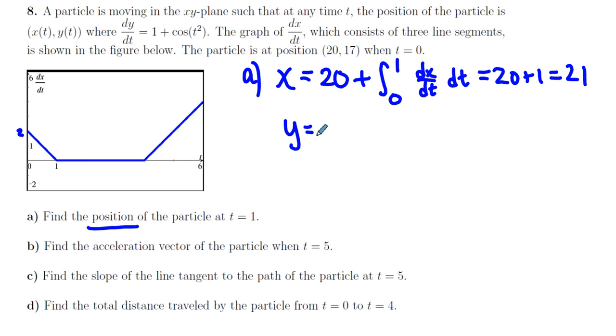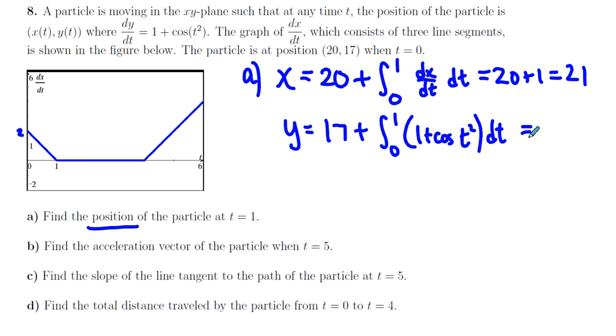The y coordinate of the position of the particle, well, the particle at time equals 0 is at 17. And if we integrate from 0 to 1 dy dt, we can get the y position of the particle. Dy dt is how the y coordinate of the position changes.